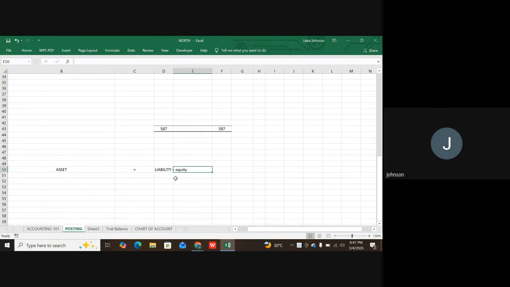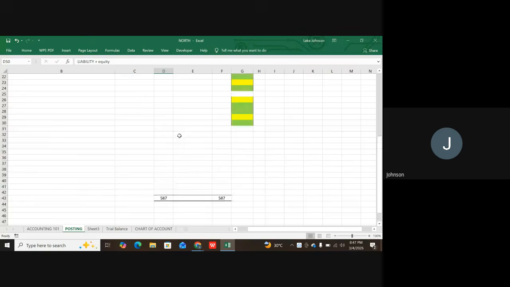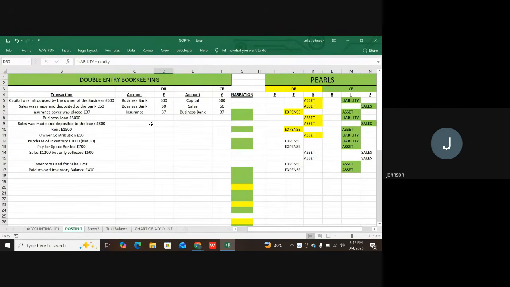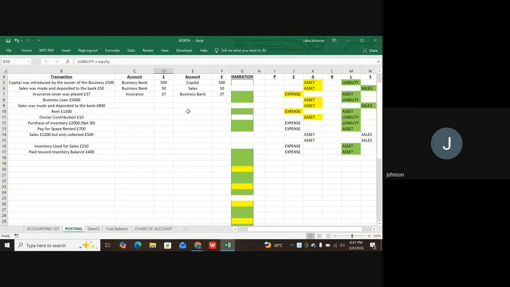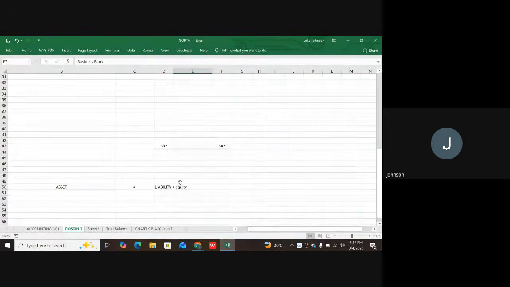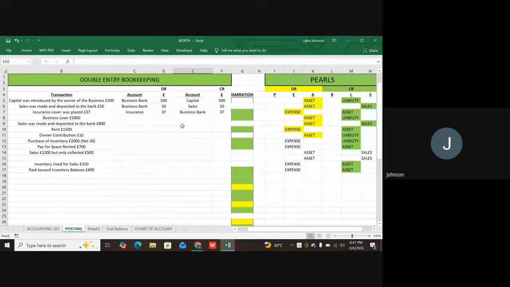Somebody will pay on your behalf, and you are owing that person. At that point, liability arises. If you have insurance and the person that placed the insurance cover for you has not been paid, you are obviously going to have a payable, and a payable is actually a liability. So if liability is here, equity can also replace liability over here.